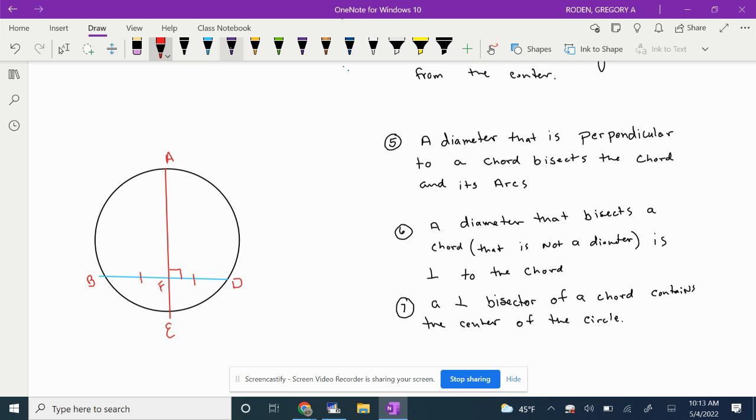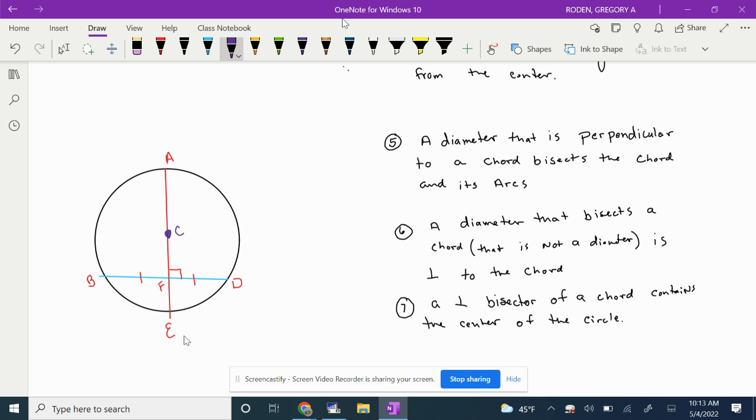In other words, AE is a diameter. That's why I didn't use the point C. I left the point C because C stands for center for me. So you guys see that? Okay. So this is a little bit of random chord, diameter, radius stuff that I wanted to go over with you guys.